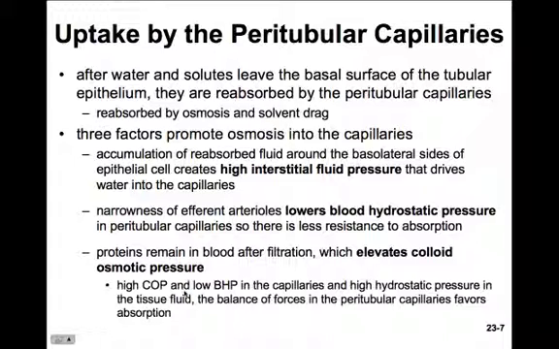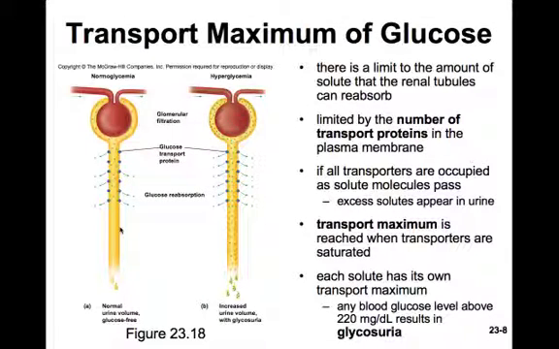So most of the proteins were not included in the glomerular filtrate, which leaves them in the blood, and thus there's osmotic draw for the fluids out of the surrounding tissues and into the peritubular capillaries. There's a lower blood pressure, BHP, blood hydrostatic pressure, and a high pressure of fluid literally pushing water into the capillaries.